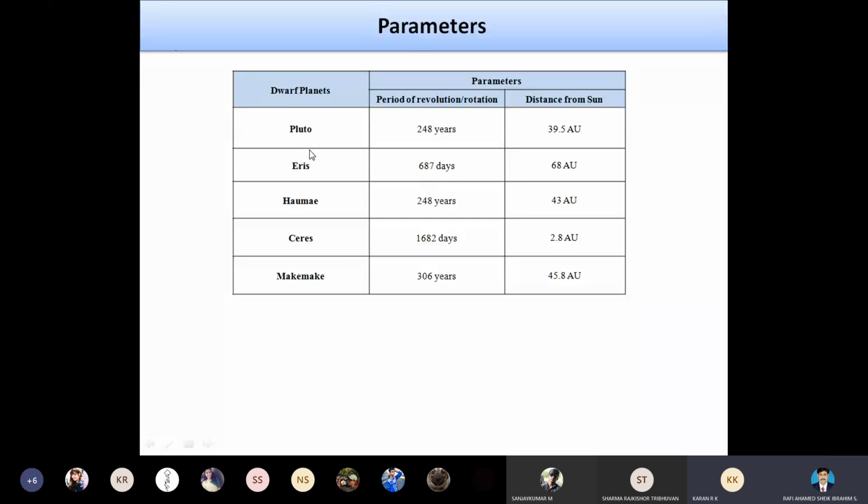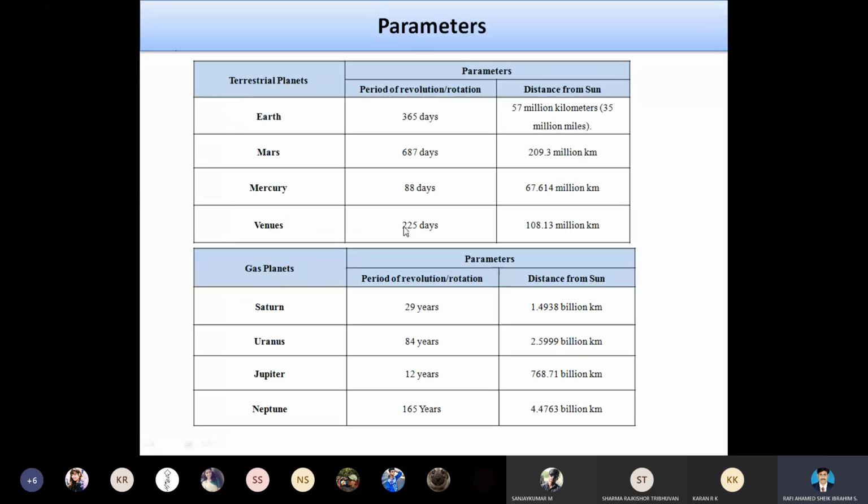So this is the second type, the gas planets. The orbital period for Jupiter is around 12 years. For Saturn, it takes 29 years. For Uranus, it takes 84 years.